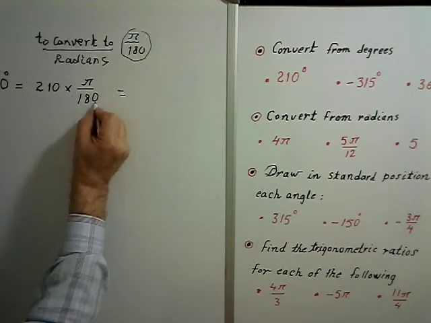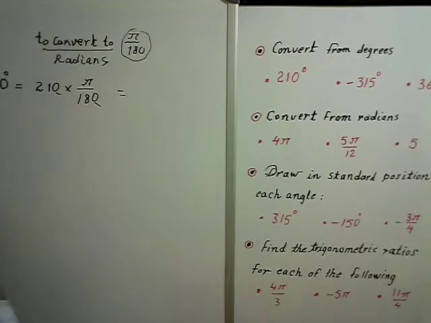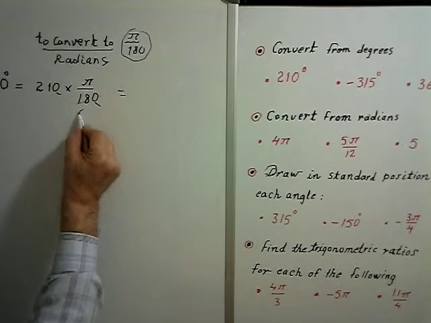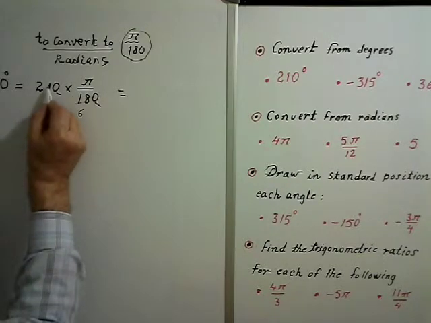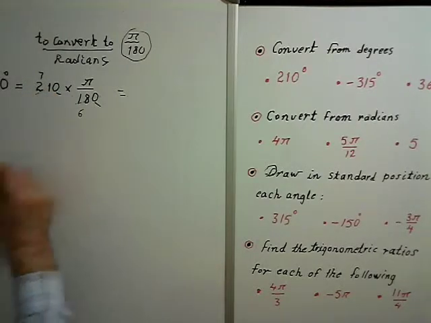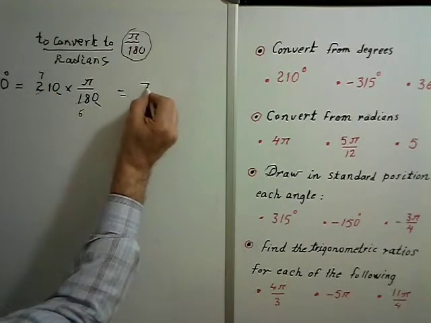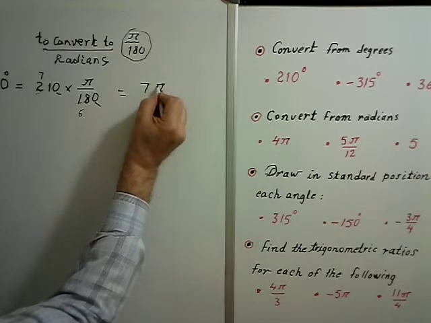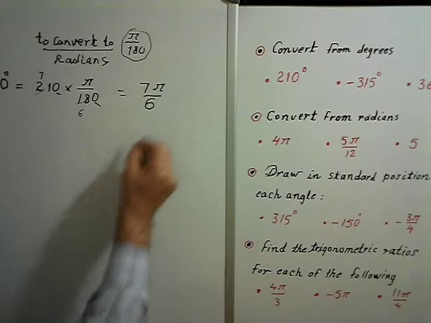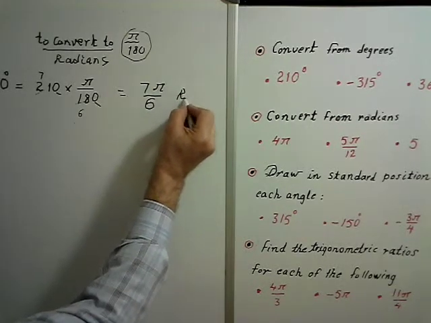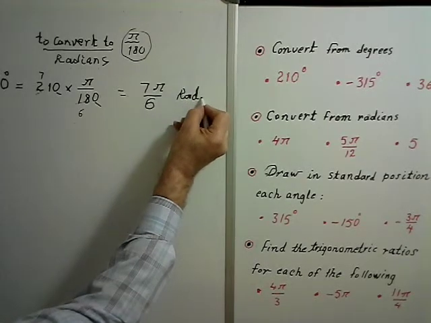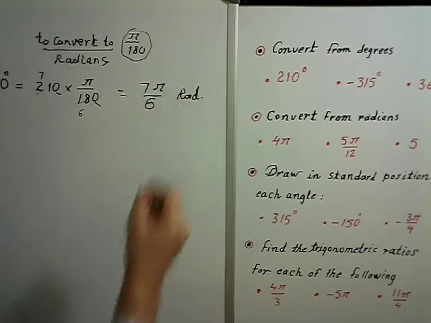Here you can cancel 0 with 0 and divide by 3; here it will be 6, and dividing by 3 here will be 7. So it will be 7 pi over 6. That's in radians, which is written in abbreviation as rad.